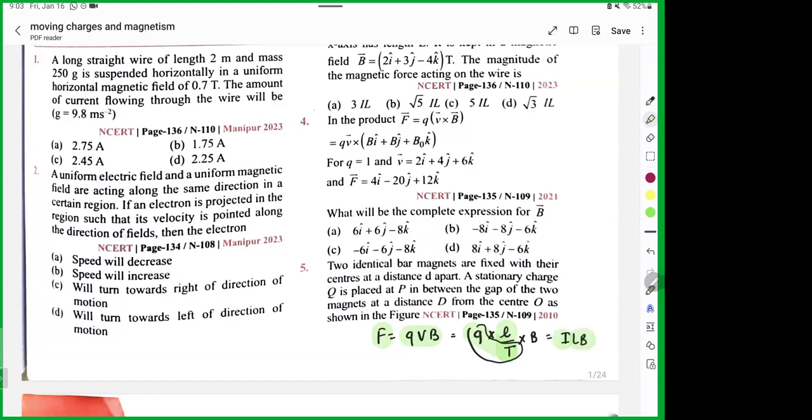So ILB is also correct option. So if you know, note it down carefully. Your force ILB is also equal to mg. What you need to calculate? Amount of current I. What will be the value? mg by. Now everybody solve this and tell me your answer.